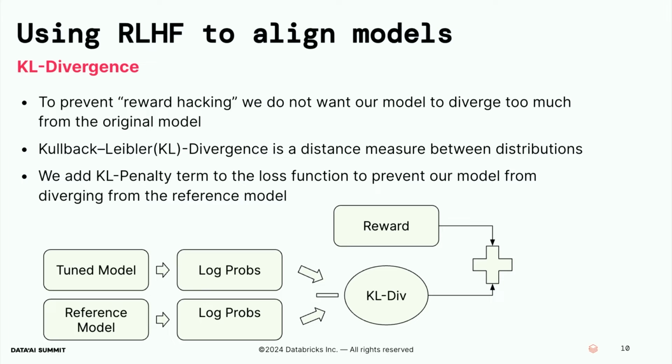What we want to do is calculate the distance, and for that we are going to use Kullback-Leibler divergence. That's the way we can measure this distance, and that's going to be our penalty. Very often it's called the KL penalty. Basically, our loss function is going to look in the following way: we get the reward minus our distance, or KL divergence.